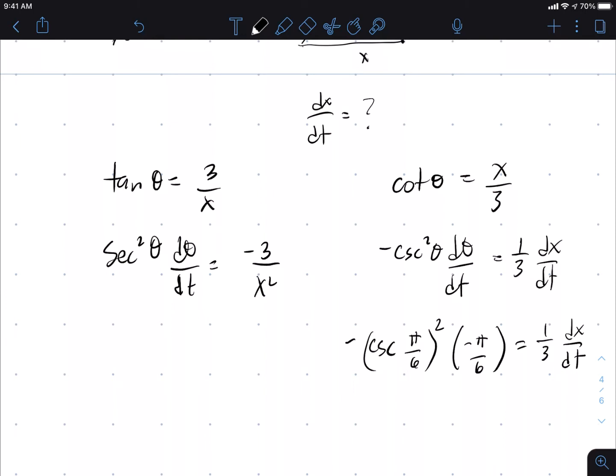Remember, cosecant is the reciprocal of sine. So what is sine of pi over 6? You don't have those memorized?